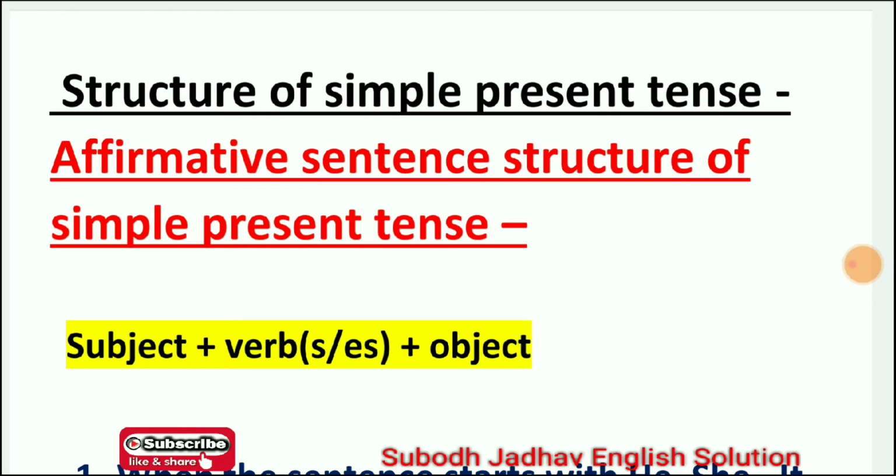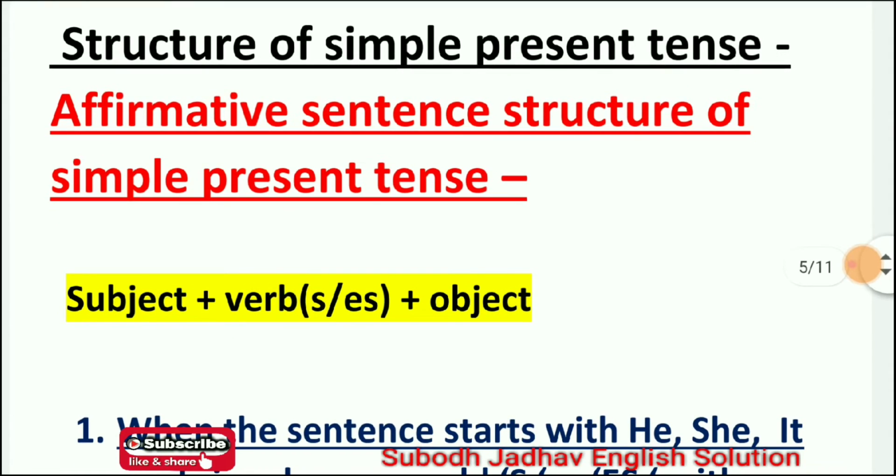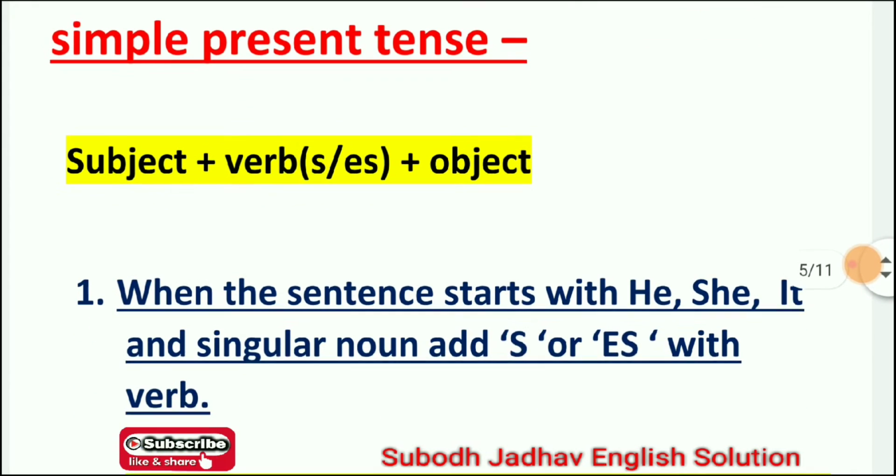The structure is: subject plus verb (s or es) plus object. Why we are using s or es, we will discuss in detail. Subject means a word which starts the sentence. It may be a noun or a pronoun.